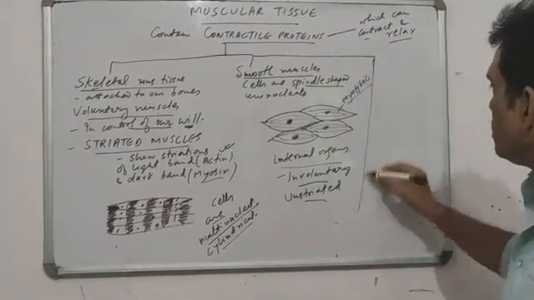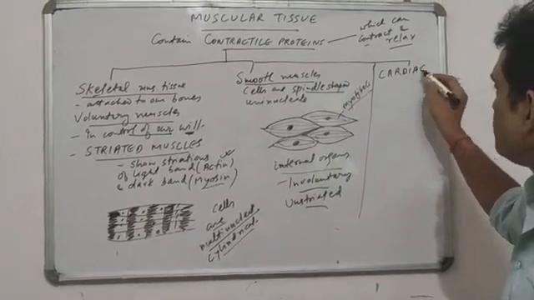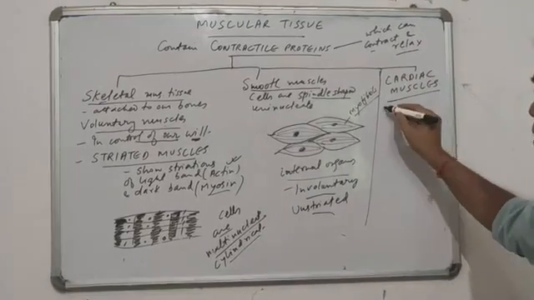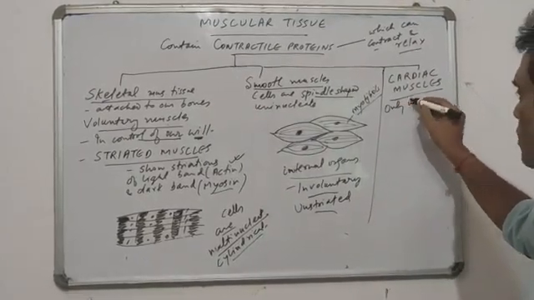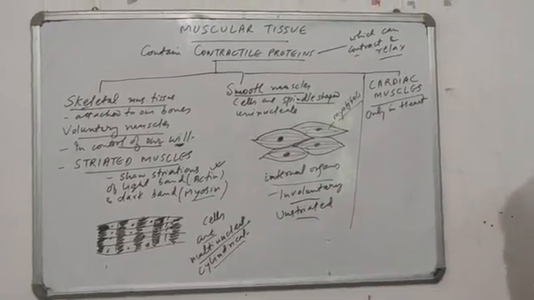And the third one is called cardiac muscles. They are present only in our heart. The cell shape is not very different.